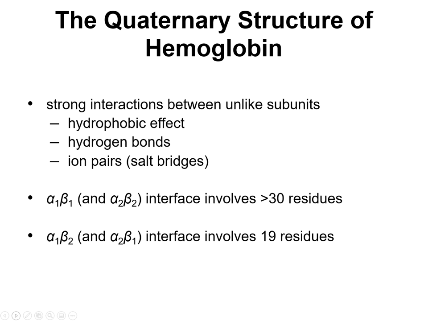So if you look at the alpha 1 beta 1 and the alpha 2 beta 2 interfaces, there are more than 30 residues involved in all of these different types of interactions. And alpha 1 beta 2 and alpha 2 beta 1, there's 19 residues. So again, this just illustrates the point. You need a lot of these tiny little interactions to come together and make a big effect of keeping this monster protein together.